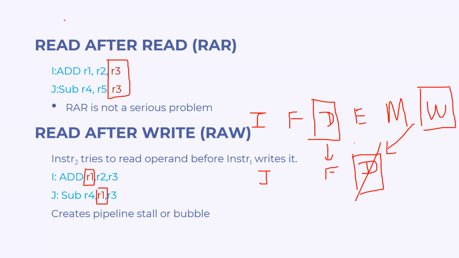So this should not happen. Read should happen after the write back in the R1 register. So read should happen here. So in these two stages, there should be a delay. So it creates a pipeline stall or bubble.